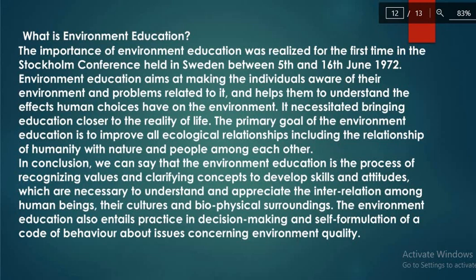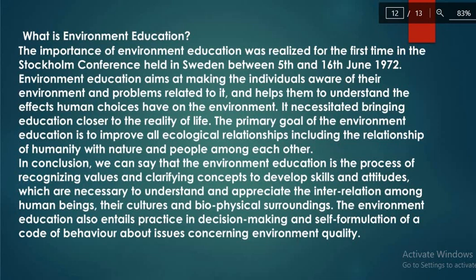Especially, that conference focused on the control and management of the environment. It means focus on afforestation, on the conservation of the environment, conservation of biodiversity. It necessitated bringing education closer to the reality of life.